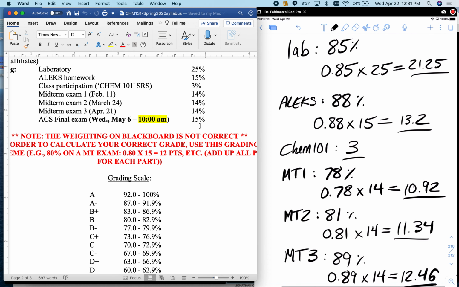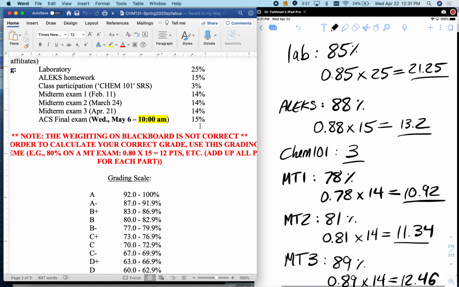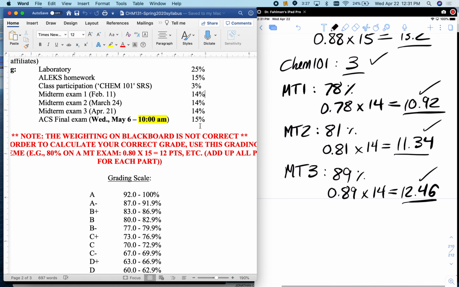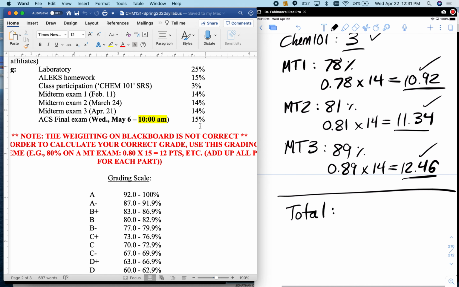And so you literally just add up all these parts. I guess there are 6 different things you just add up. So total, I'm just going to add these up here: 10.92, 3, 13.2, and 21.25.